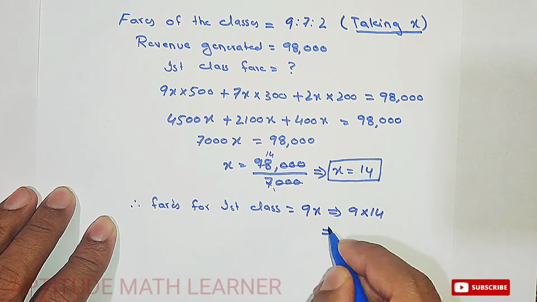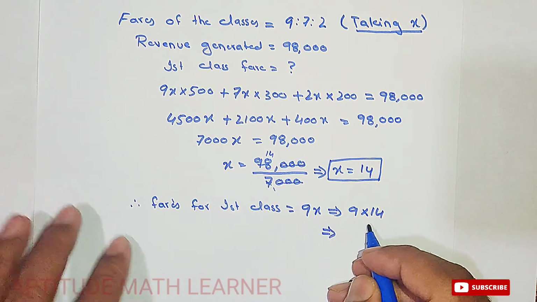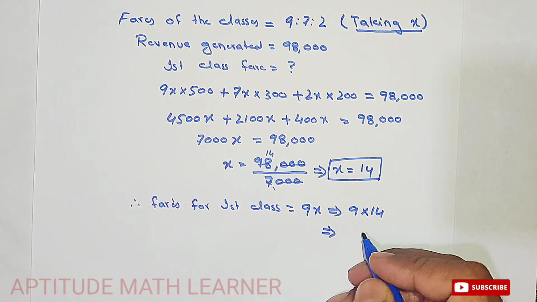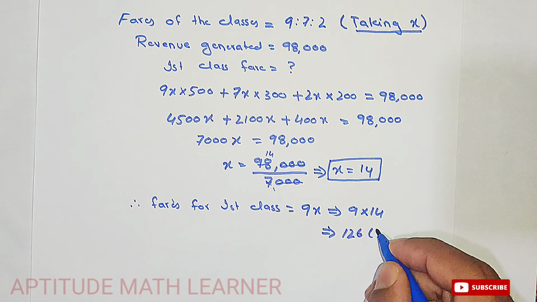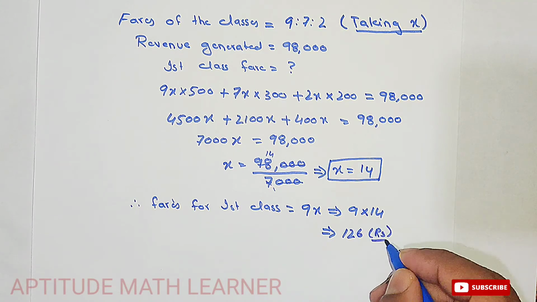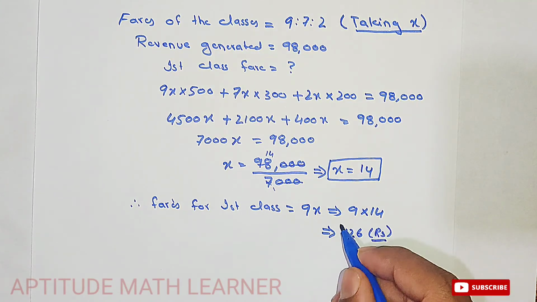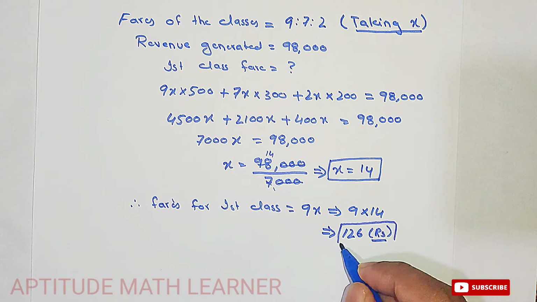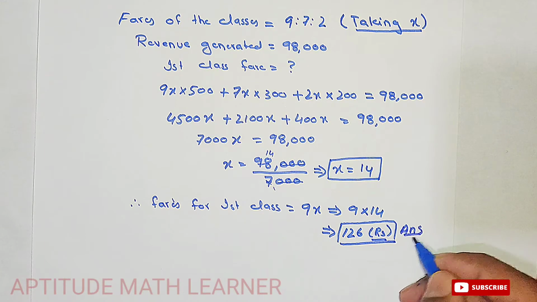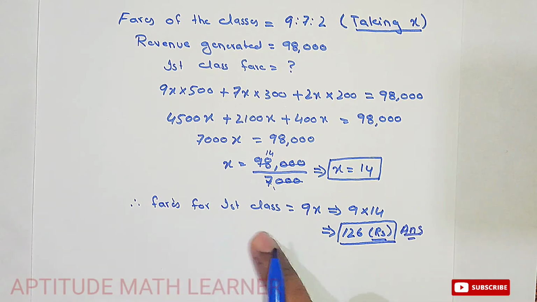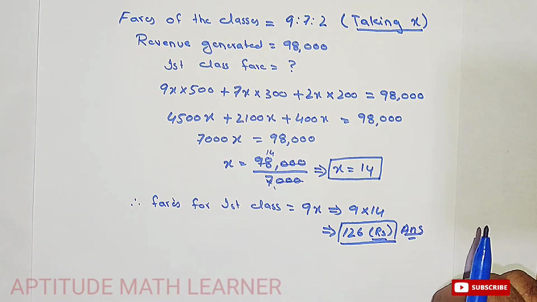So 9 multiplied by 14 gives 126 rupees. So 126 is our answer, the first class fare. I hope you have understood the method completely.